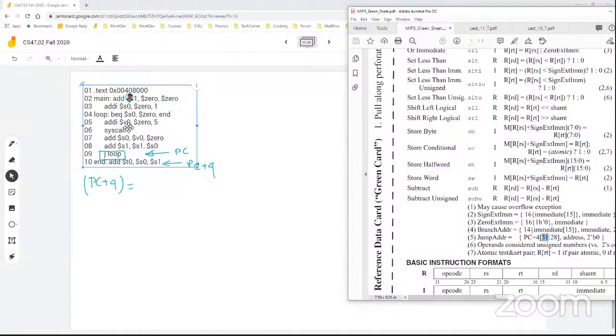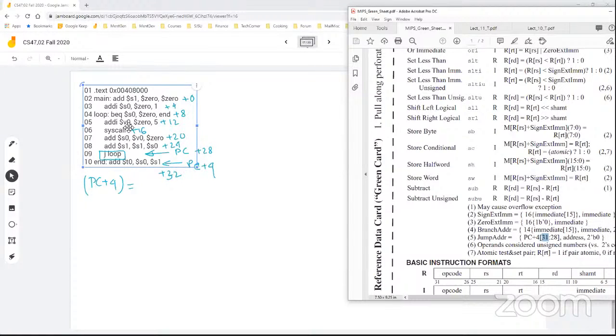So this is plus 0, plus 4, plus 8, plus 12, plus 16, plus 20, plus 24, plus 28, plus 32. I'm just putting the address placement.